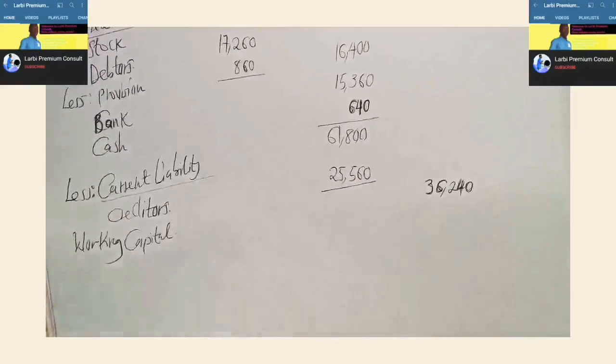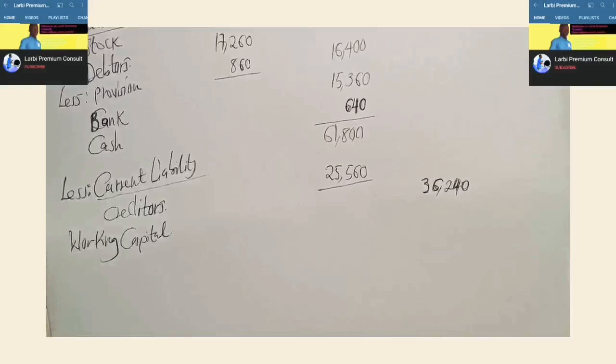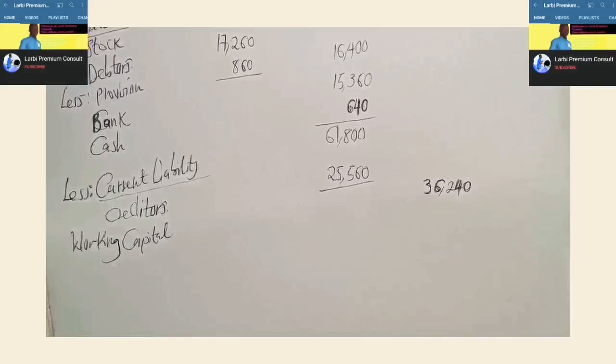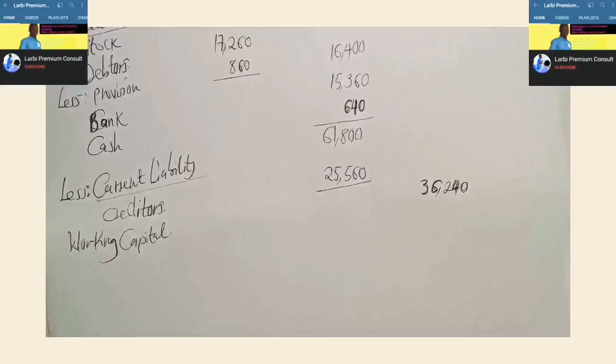That's the money that you use to run the business on a day-to-day basis. So working capital is your current assets minus your current liabilities. Take note of that. Current assets minus current what? Liabilities. So let's take note of that.